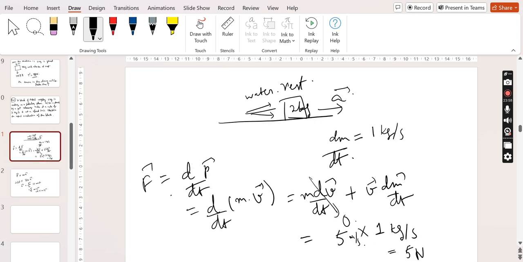So what we have done, we know that water is coming from that way, so acceleration would be in that way. F is equal to dp by dt, which is the changing momentum. Momentum is mv. Here the momentum is changing because the mass of the block is increasing because of water.